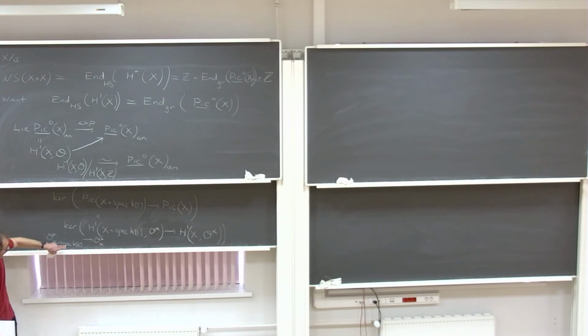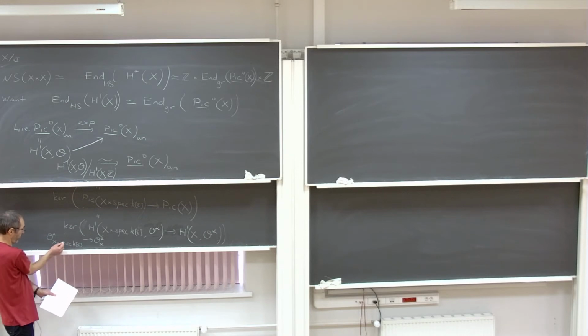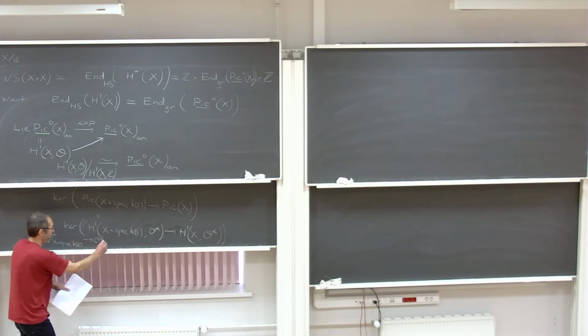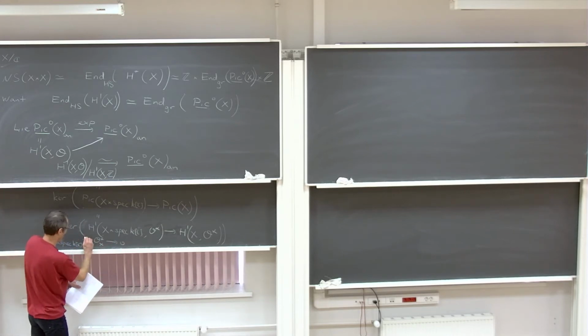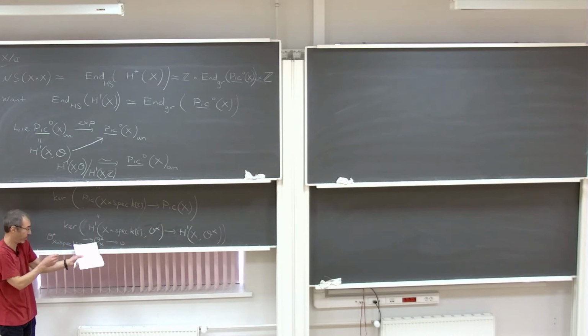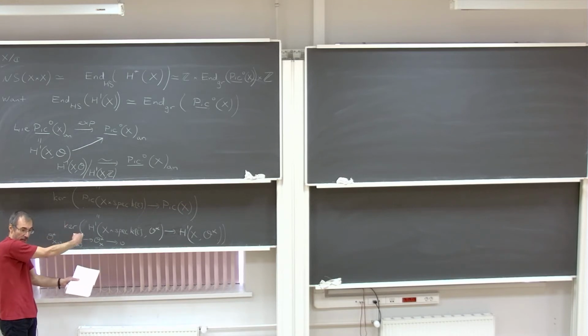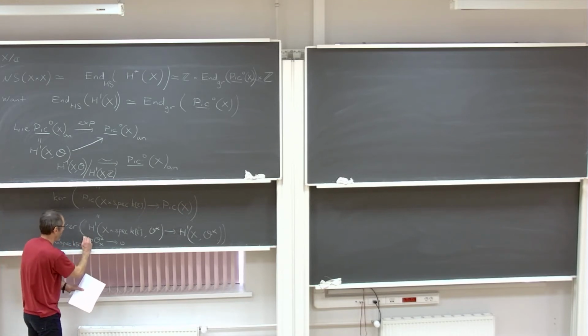The underlying topological spaces are the same, therefore I can think of this as sheaves on the same space. And what is the kernel? Suppose I have an invertible function here, and I can restrict it to the closed subscheme here. It is surjective, because it has a splitting. If I have an invertible function on x, I can pull it back. So it has a splitting.